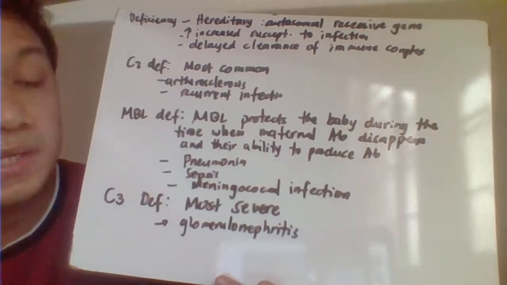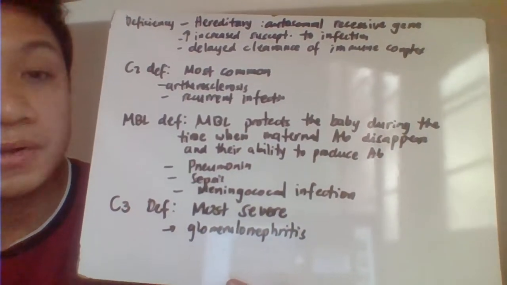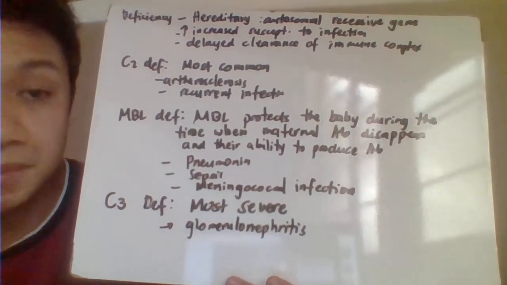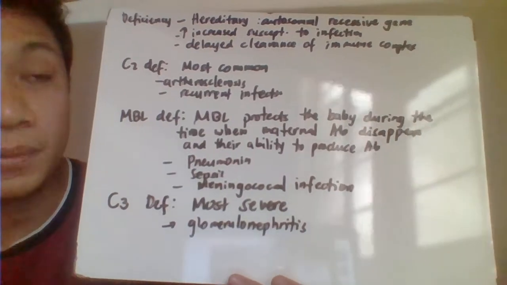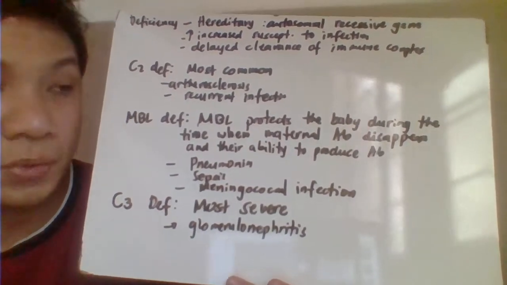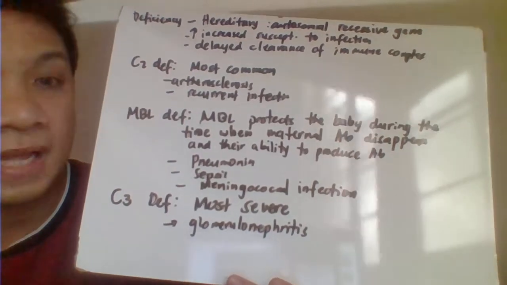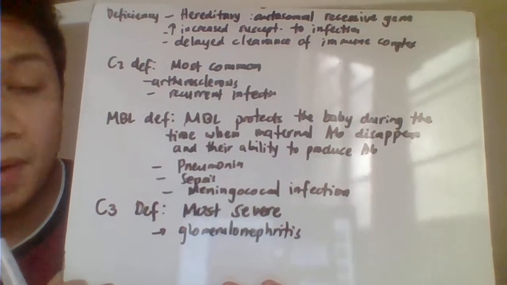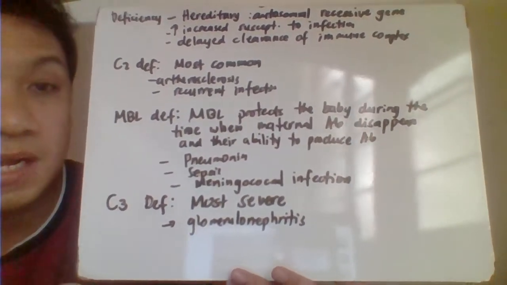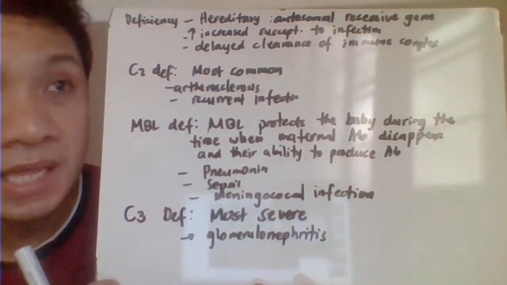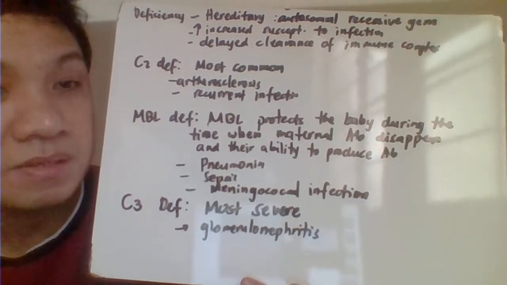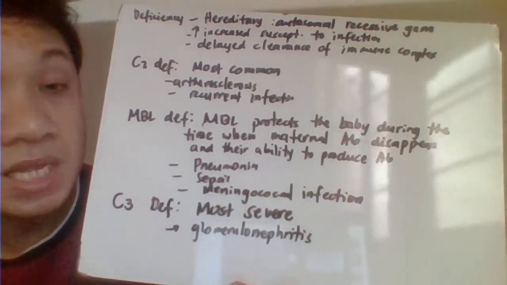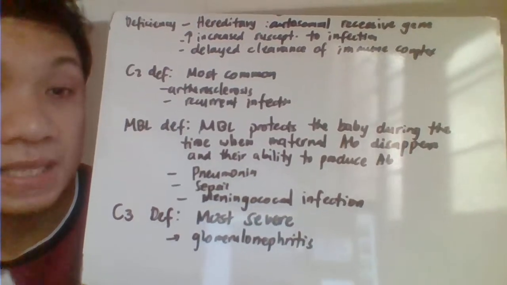So we have the C2 deficiency. Again, C2 deficiency is considered the most common type of complement deficiency, and the absence of your C2 can result in recurrent infection and atherosclerosis. MBL deficiency, on the other hand: MBL, mannose binding lectin, is a very important protein that primarily protects the baby, especially at the time when the mother's antibodies are losing their protective action and the baby is just starting to produce its own antibody.